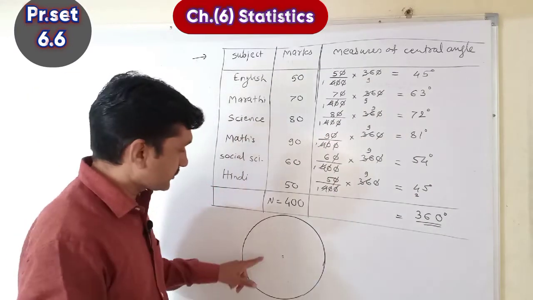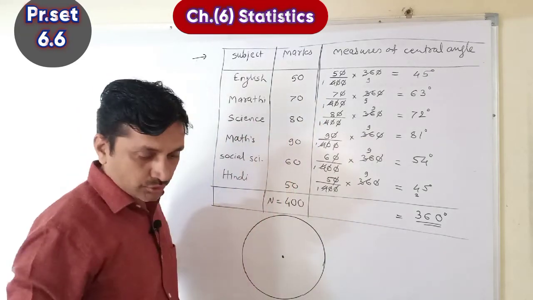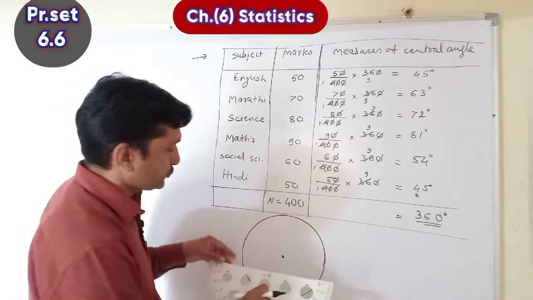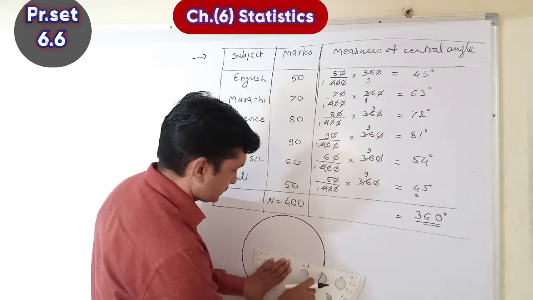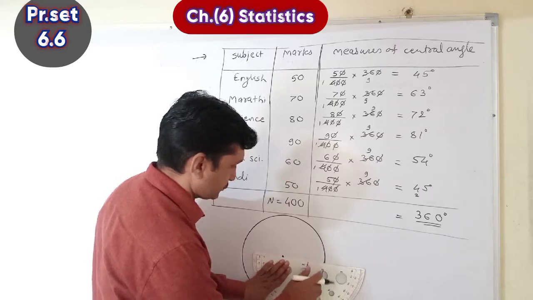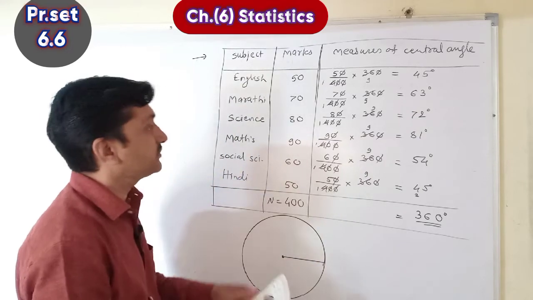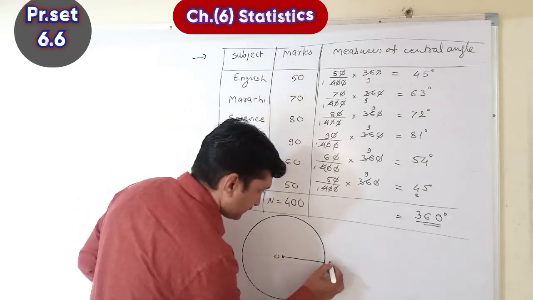Now dear friends, circle is drawn of any radius. Now let's draw angles using protractor. Before that, first you draw a radius, fix one radius, then it will be easy for us to draw angles. Now this is one radius. Now 45 first, here radius OA.